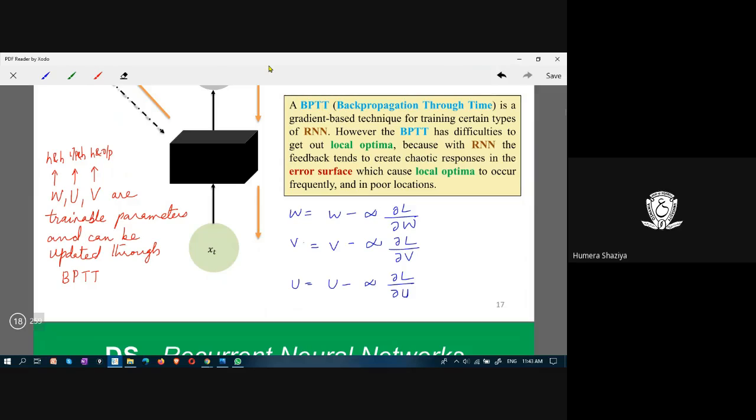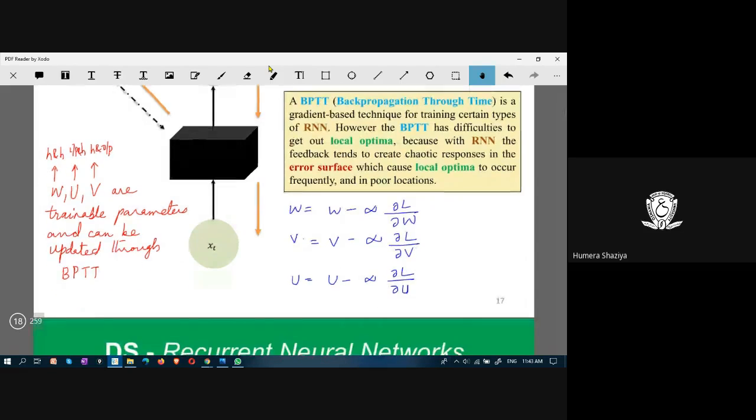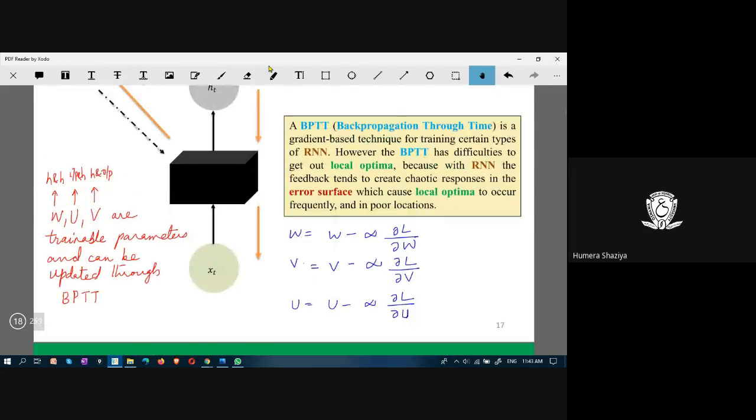Again, this back propagation through time updates these weights, and again forward propagation takes place. Loss is computed. Further BPTT runs until the model converges. This process continues.